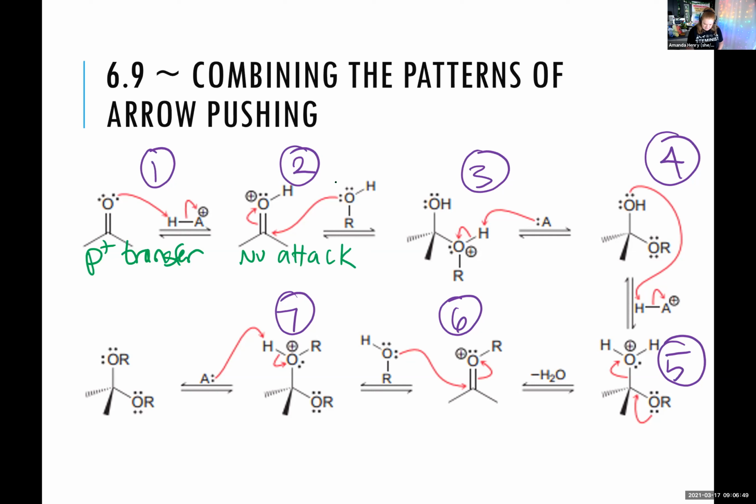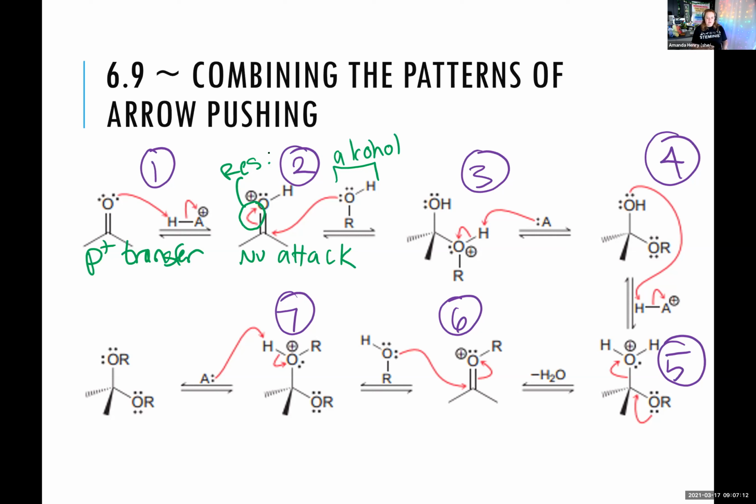So this would be an alcohol group here. The alcohol is doing a nucleophilic attack on that carbonyl carbon. And then that second arrow that's happening right here, this is really just part of resonance. So that doesn't get a mechanism label. It's just part of the flow of the electrons that has to happen.